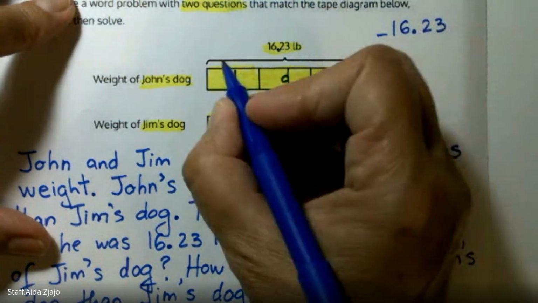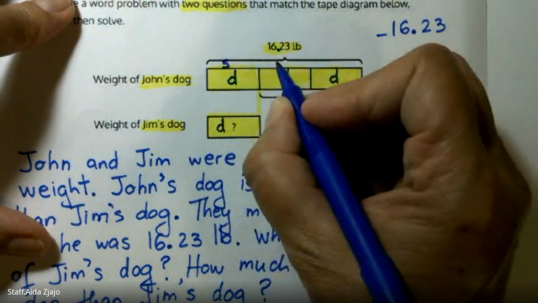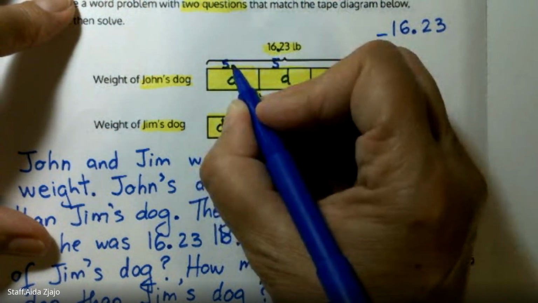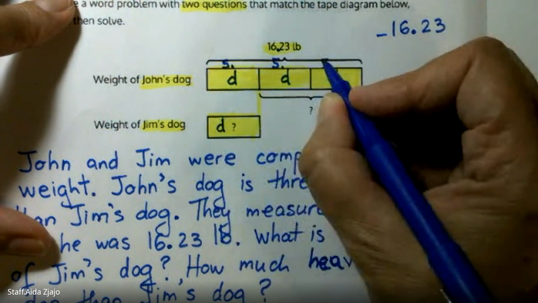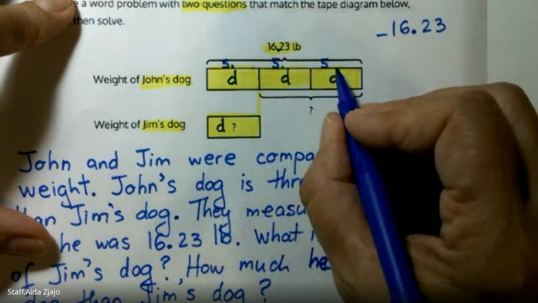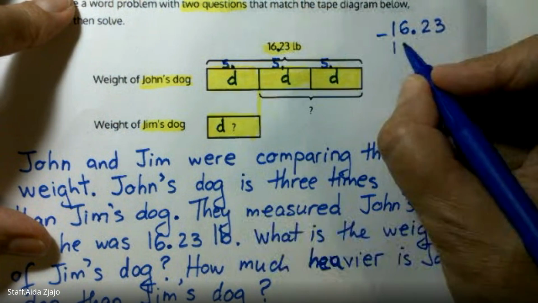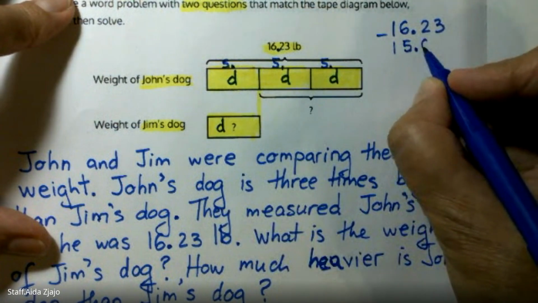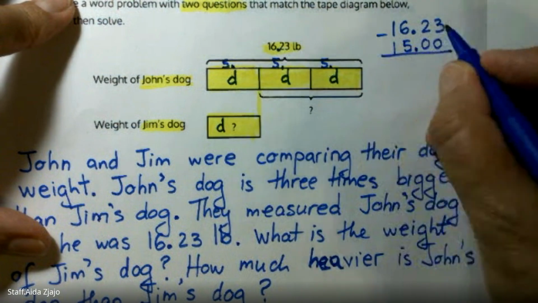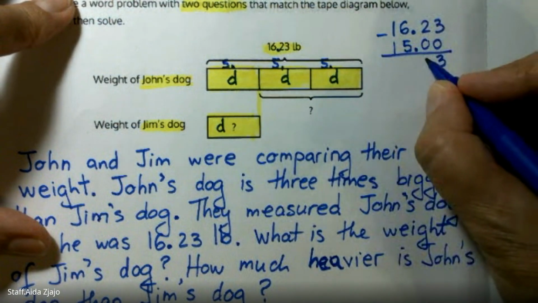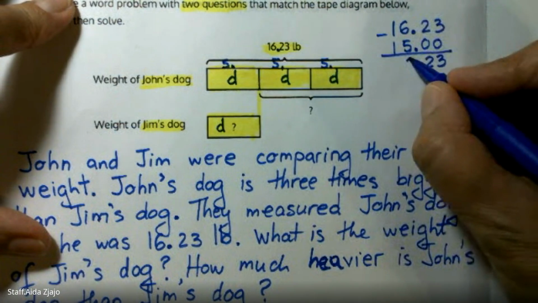I can say that is 5. So I can add 5 on each part: 5, 10, 15. So I have already shared 15.